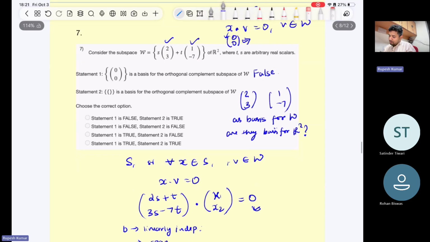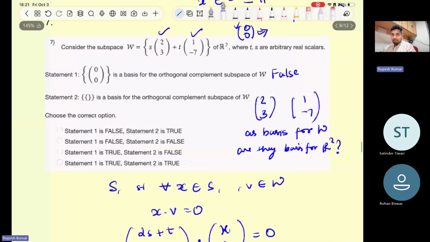So if you have an empty space, can you define some basis for this? No non-empty vector would be the basis for it. So it has to be some empty set.